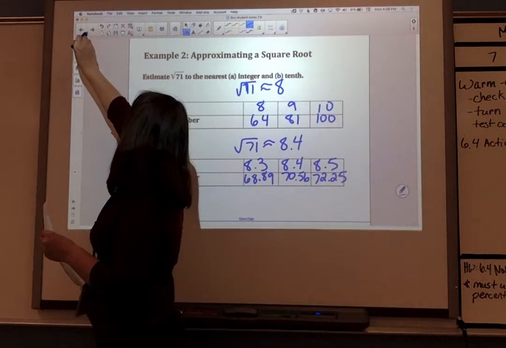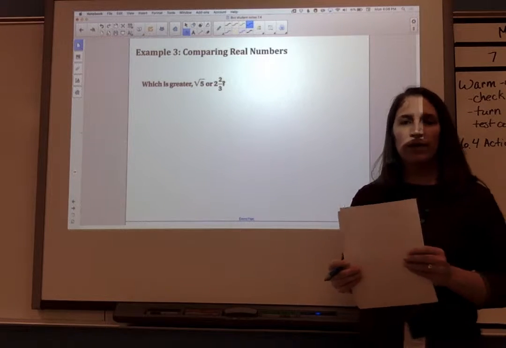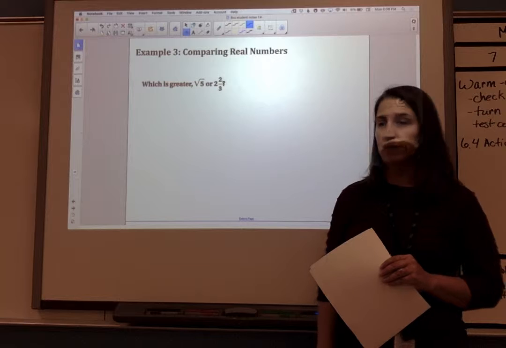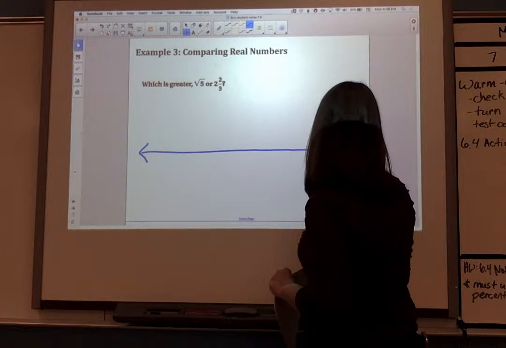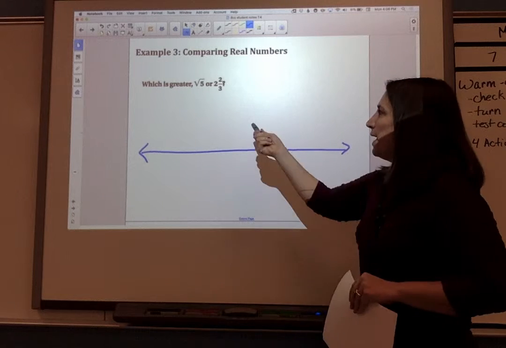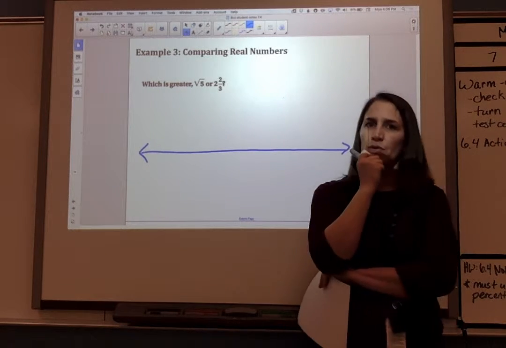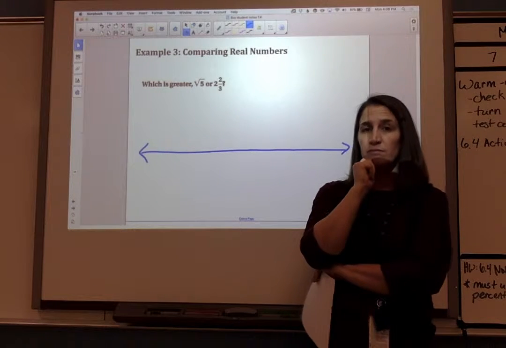Okay, last example. We're going to compare which is greater, square root of 5 or 2 2/3. So let's start by drawing a number line. And as we think about how we want to number this, we know that 2 2/3 falls between 2 and 3.